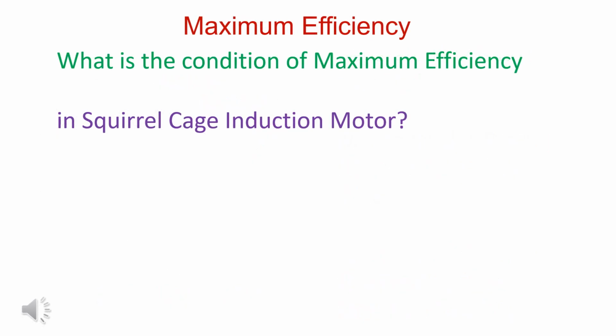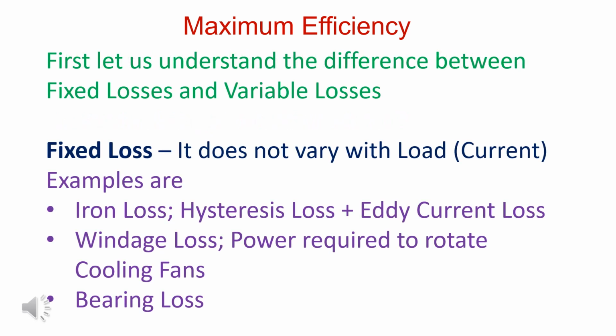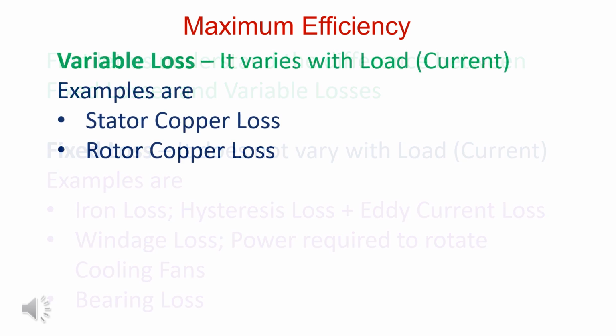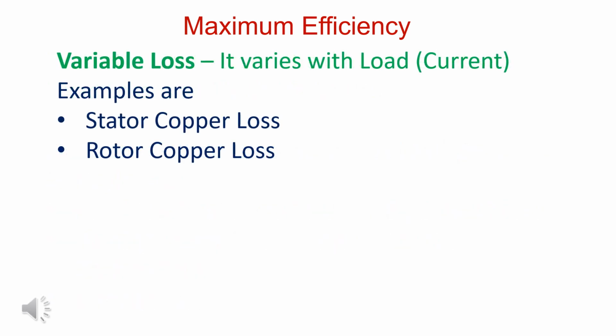When is efficiency maximum in a squirrel cage induction motor? First, let us understand the difference between fixed loss and variable loss. Fixed loss does not vary with load, whereas variable loss varies with load.